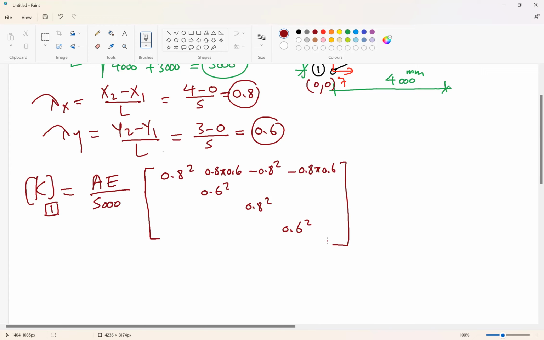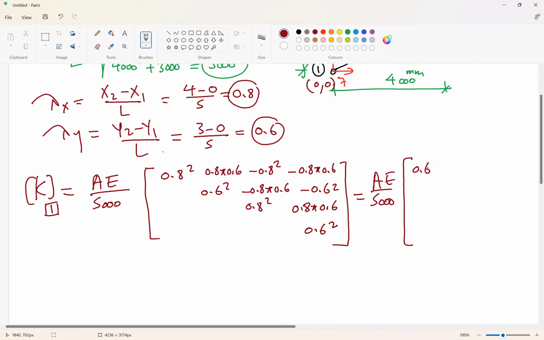I've done this before. This one is negative 0.8 times 0.6, negative 0.6 square, 0.8 times 0.6. This one is 0.6 square. This will give us A E over 5,000 times 0.64, 0.36, 0.64, 0.36.